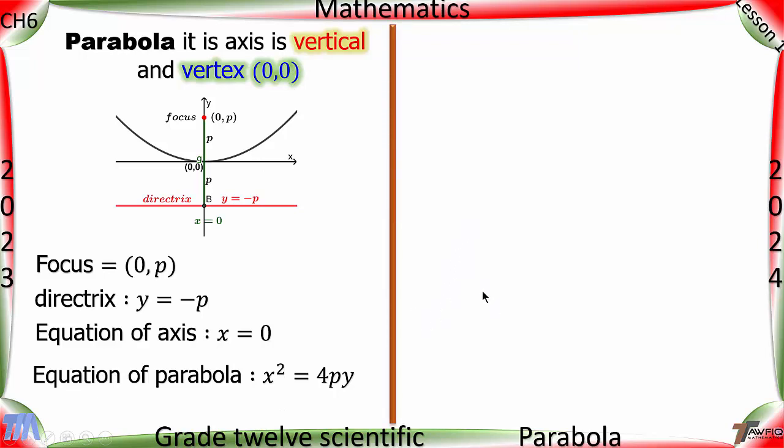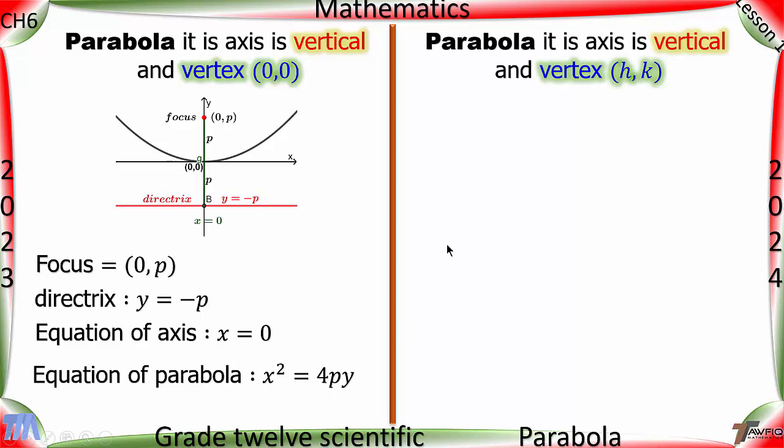And for the last case, the parabola's axis is vertical and the vertex is (h, k).